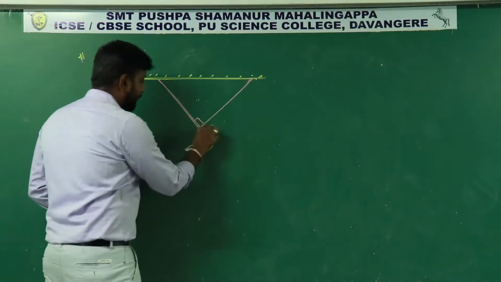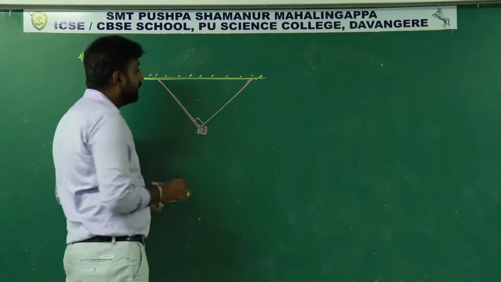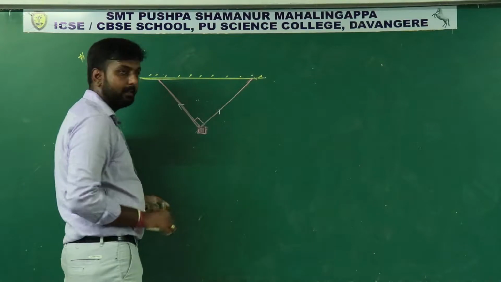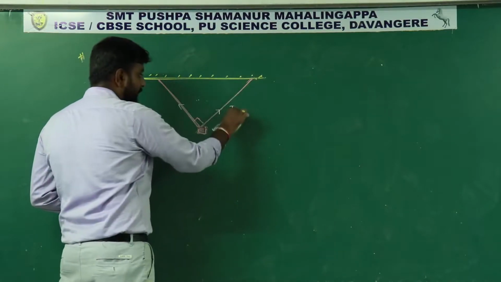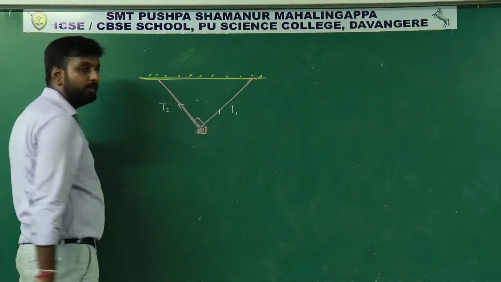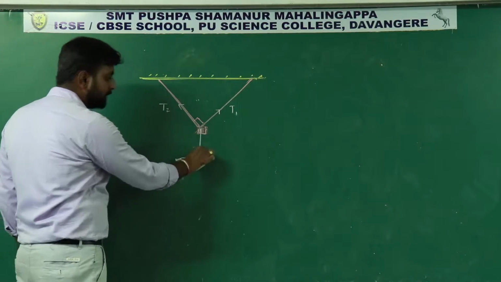So here there is a block. This block is under equilibrium. That means the tension force will act in this way. In this string, the tension force is T1. In this string, the tension force is T2, and the weight of the object will act downwards.